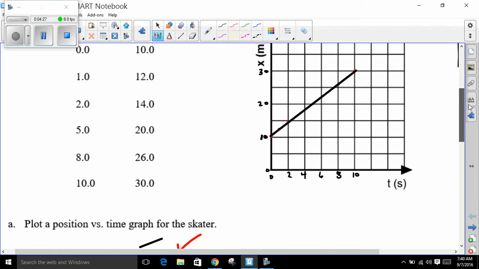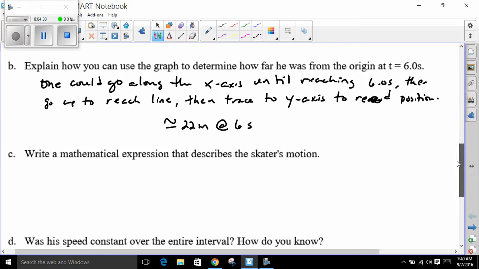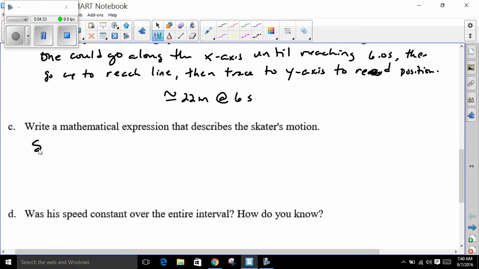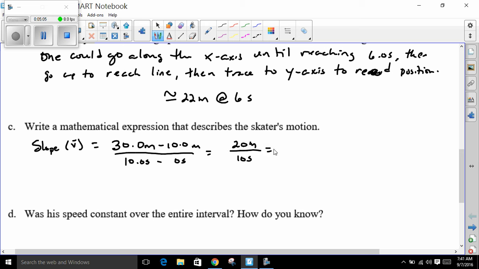I'm going to use my 2 endpoints and say that the slope, which is actually the velocity, is going to be equal to 30 meters minus 10 meters divided by 10 seconds minus 0 seconds. That's going to give 20 meters divided by 10 seconds, which is equal to 2.0 meters per second.